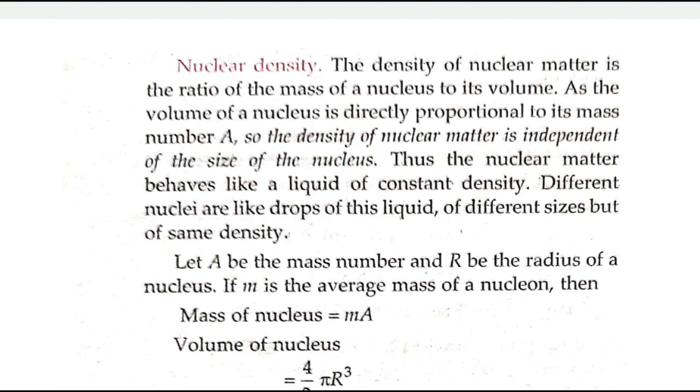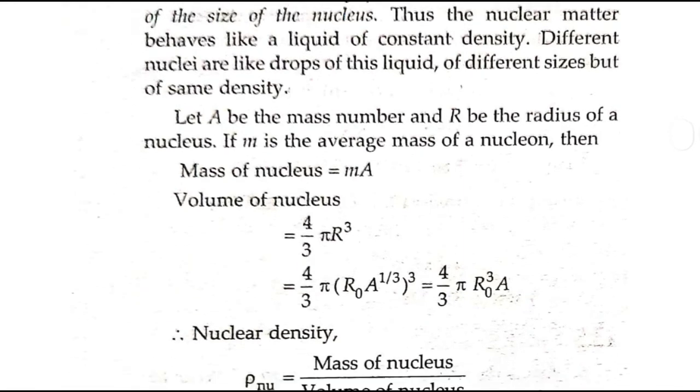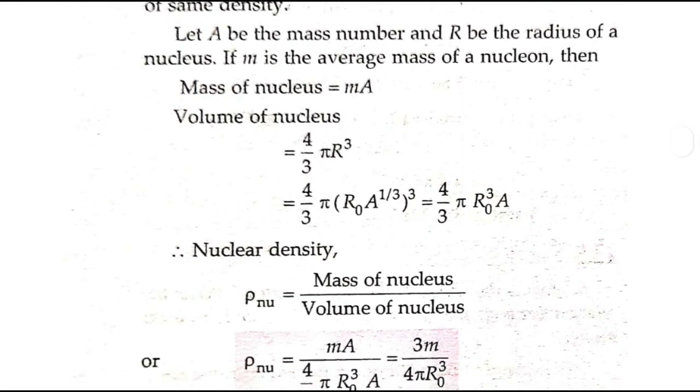Now, nuclear density. Nuclear density means mass of the nucleus per volume of the nucleus. That's what we mean by density of nucleus. Let's find the density of a nucleus. Let A be the mass number and R be the radius of the nucleus. If m is the average mass of a nucleon, we have already stated that neutron and proton have somewhat the same mass, so we take m to be their mass.